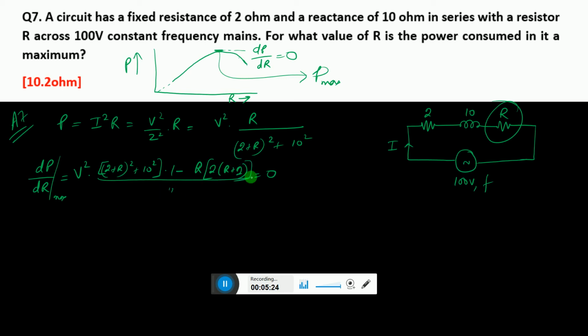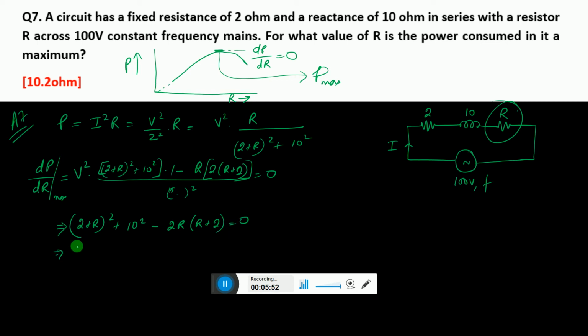This term will come out to be 0, so this is not so important. This will be some square. So what we get finally is, in this term we will rewrite it: 2 plus R whole square. This 2 plus R is the same as R plus 2.